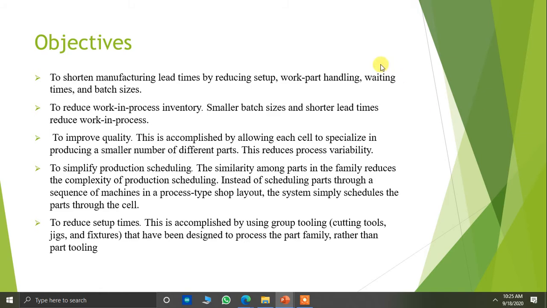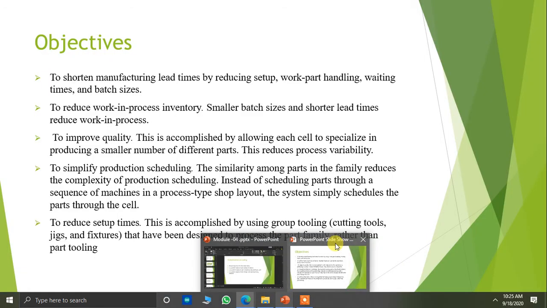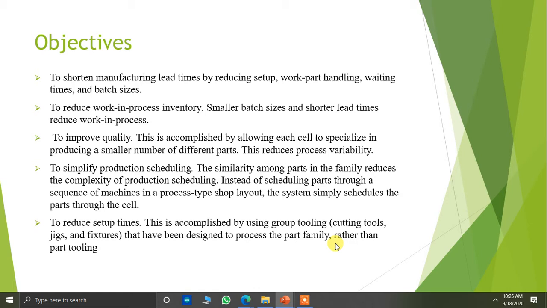What do you mean by waiting time here? For example, if one machine is processing one particular part which is moved on to the next, and the first machine itself is not properly manufacturing the part and it is being fed into the second machine, it will give a defective product. At the same time, it will lead to a breakdown.